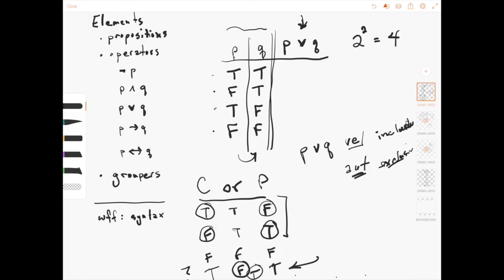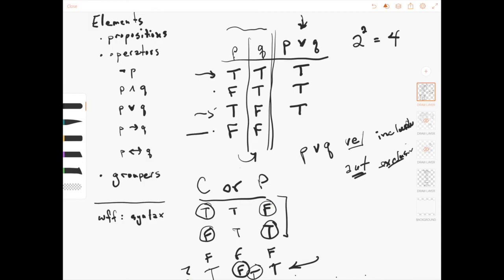And we can see that if the two inputs in the first row are both true, then our inclusive or is going to give us true. If P is false and Q is true, then P or Q is true. If on the third row P is true and Q is false, then P or Q is true.